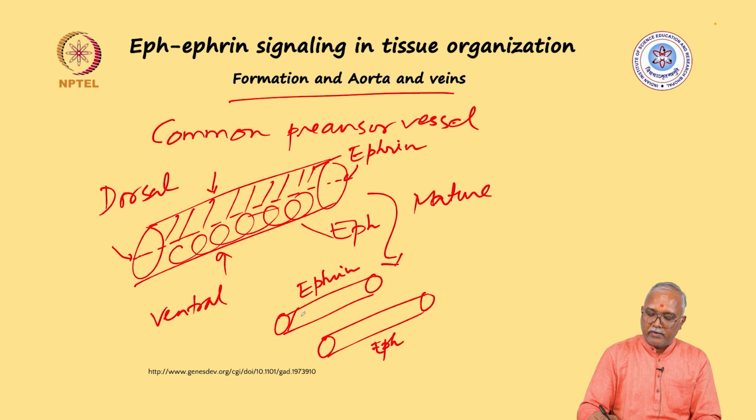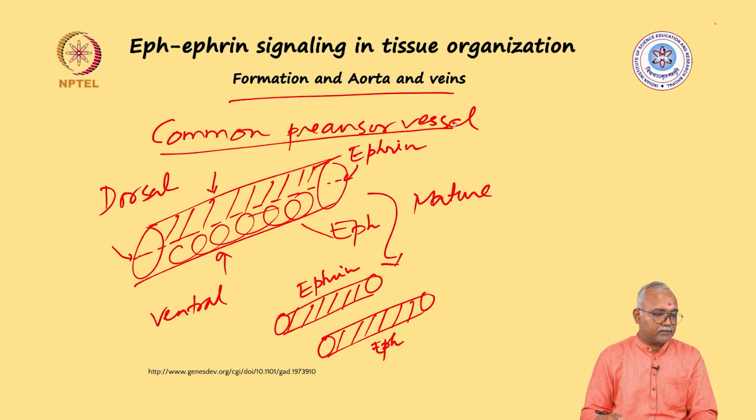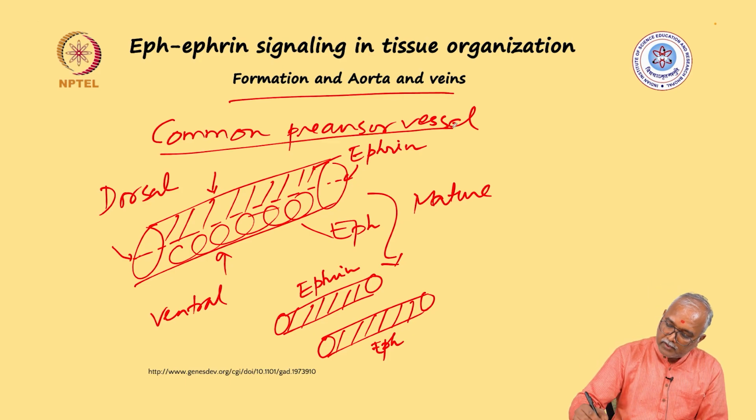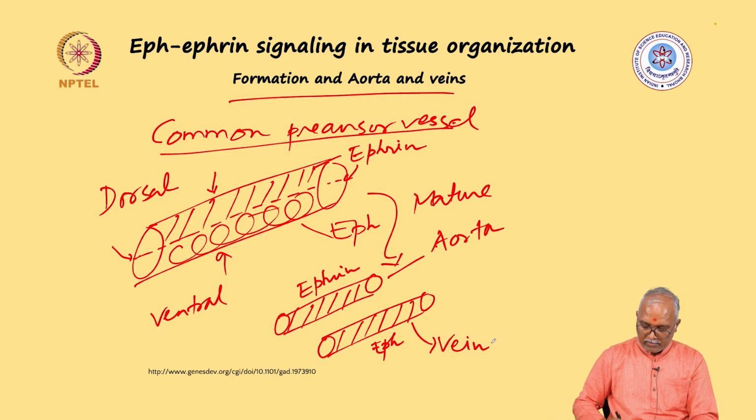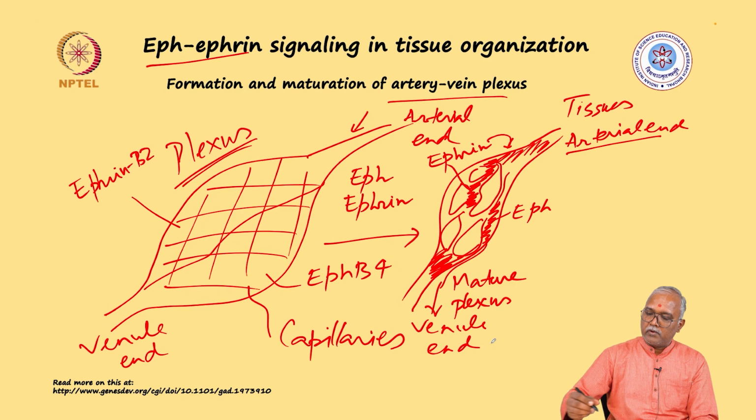So you will get resolution from the common precursor vessel and you make the aorta region here and the vein region here. If you recollect in the previous slide also, we saw the Eph-Ephrin containing part of the plexus became the arterial end and the EPH containing part of the plexus was the venule end.